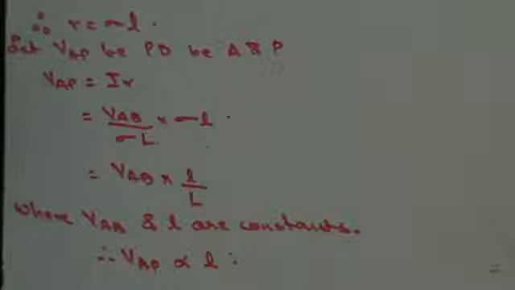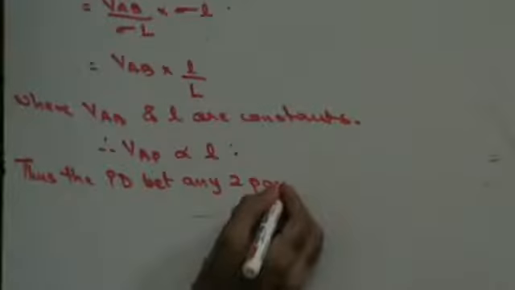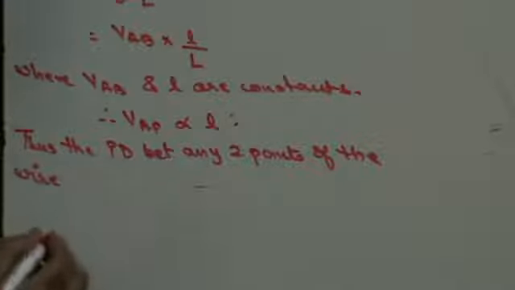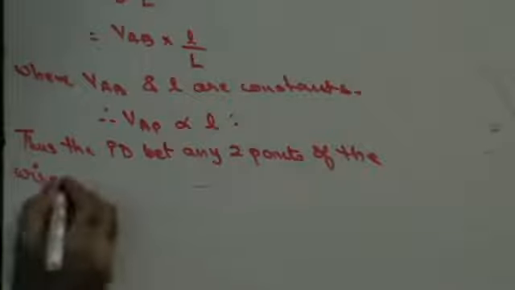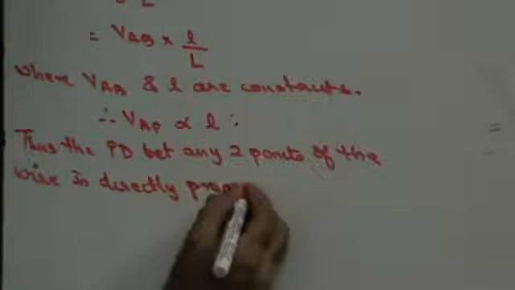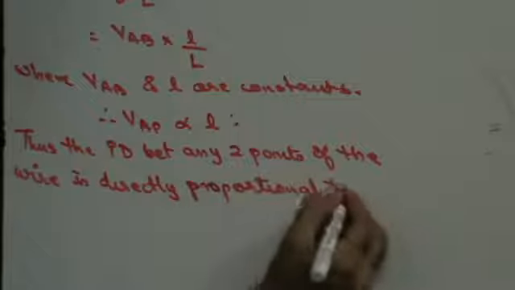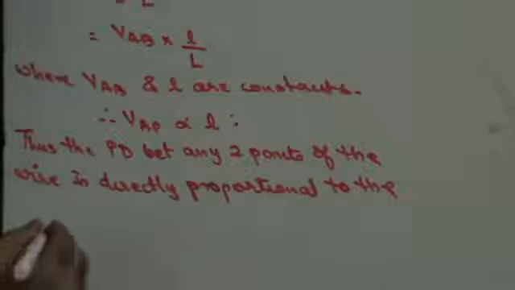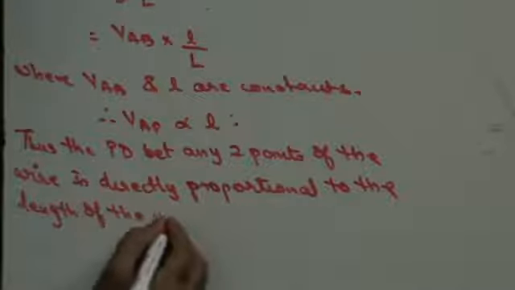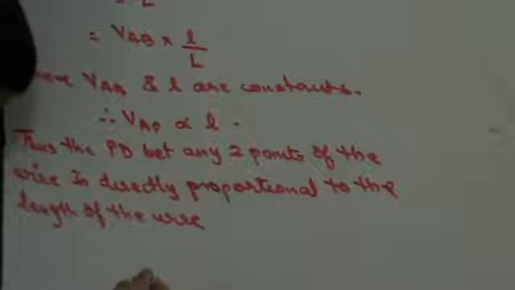Thus the potential difference between any two points of the wire is directly proportional to the length of the wire between these two points.